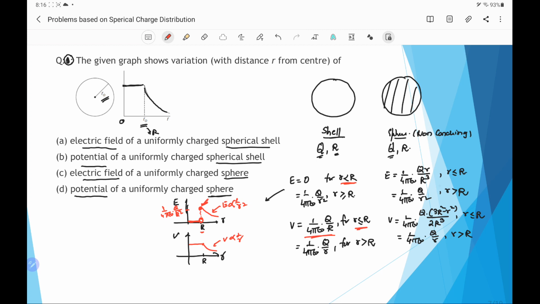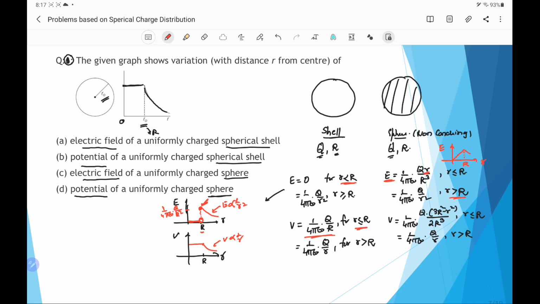Similarly, if we draw the graph for a sphere, this is r, and the y-axis shows the electric field. Here the electric field is proportional to small r, that is the distance from the center. So the graph will be a straight line up to capital R, and after that, for r greater than capital R, the electric field is inversely proportional to 1 by r square.